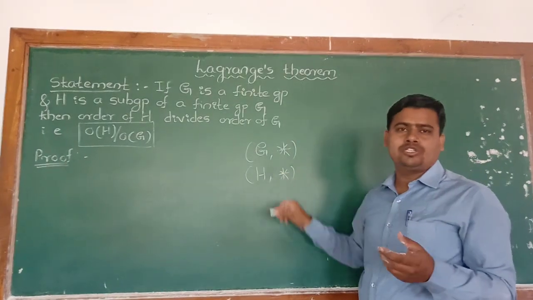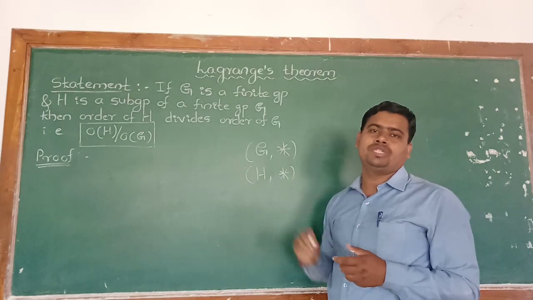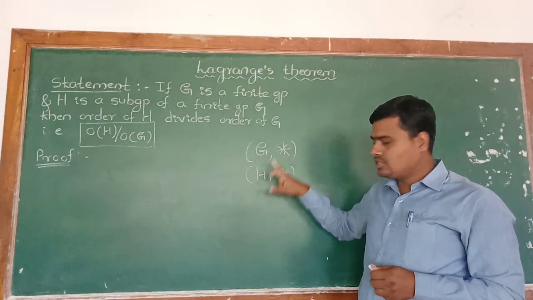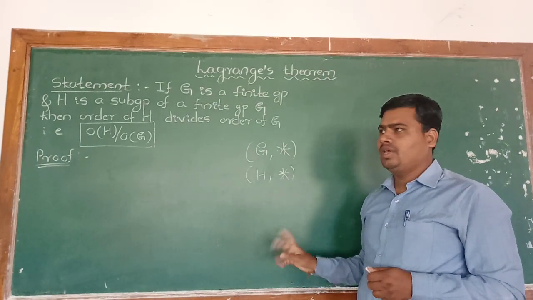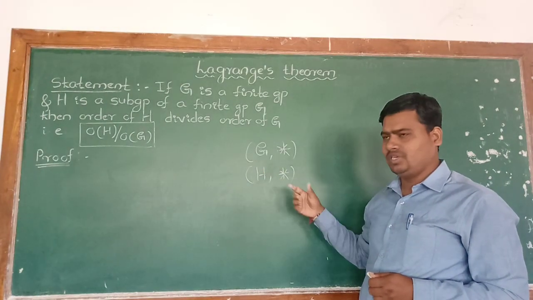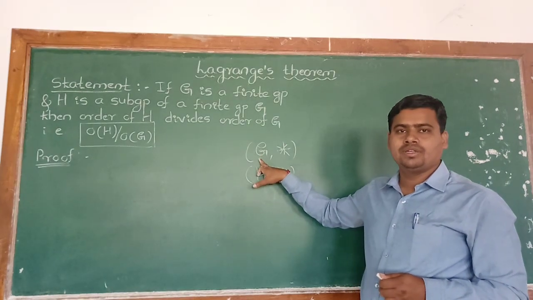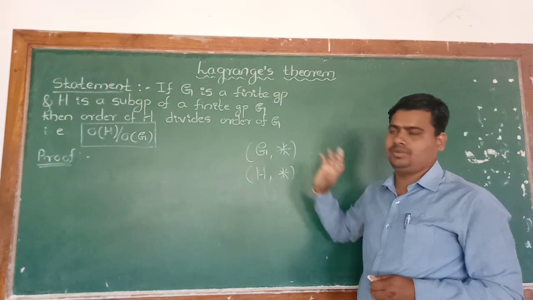This subgroup is also a group, but it is a subset of the main group G. H is a subset of G, and this set also satisfies all four conditions of a group. Therefore, this non-empty set is called a subgroup of G. It is also a group, but it is a subset of the main group G. Therefore, we call H a subgroup of G.